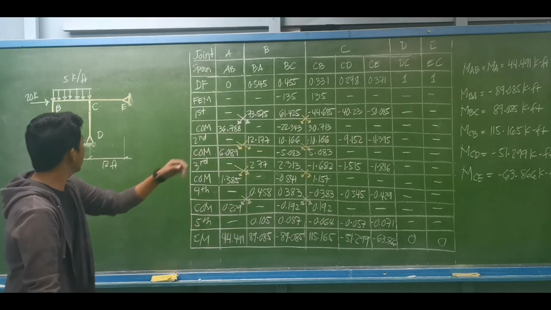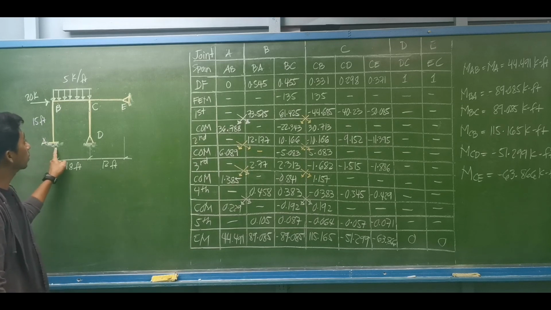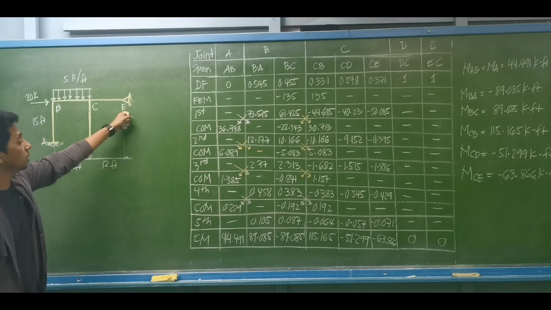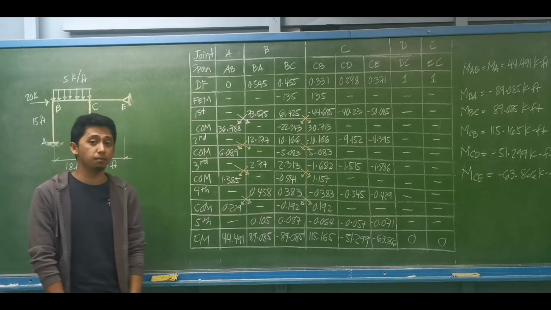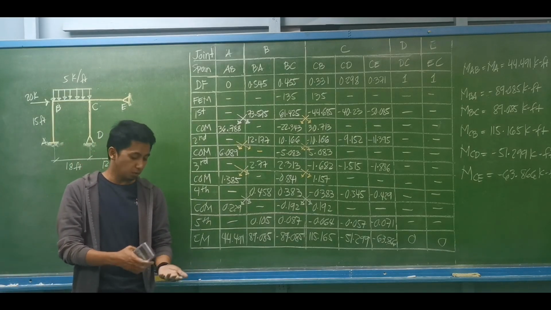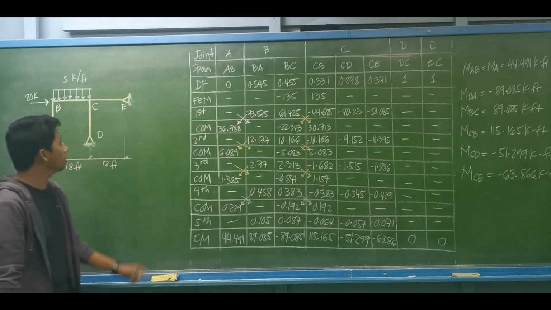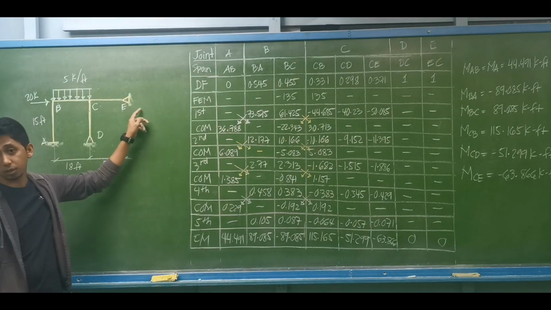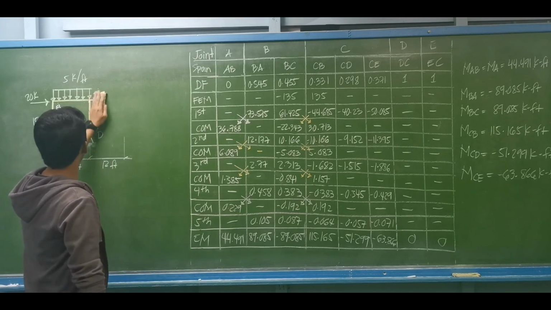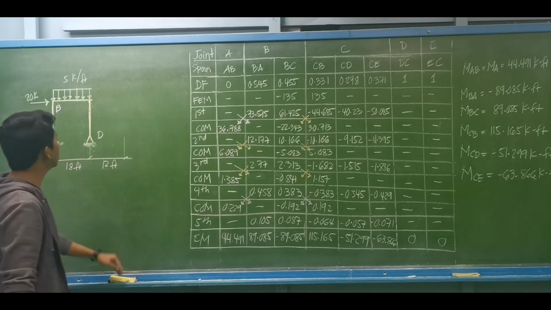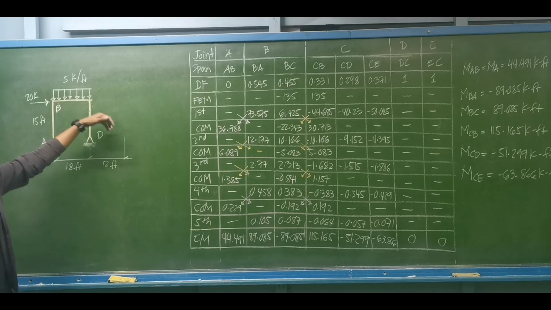Using those moments, you can compute the support reactions at E and at D. So this will be our example for frames with no side sway. Why is it that we don't have a side sway? Since we have a lateral support. If we were to remove member CE, obviously this frame will be prone to side sway. So let's have that for the next example.